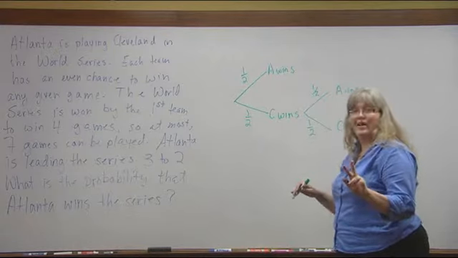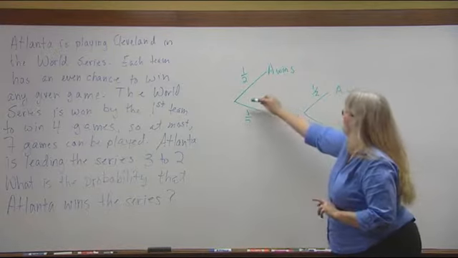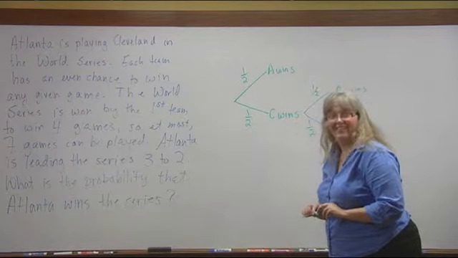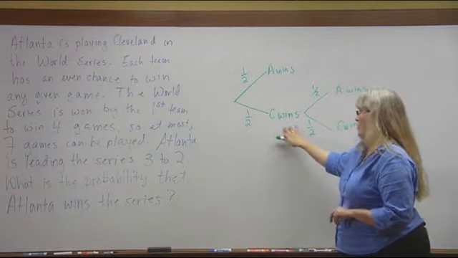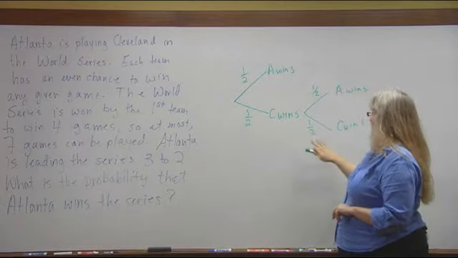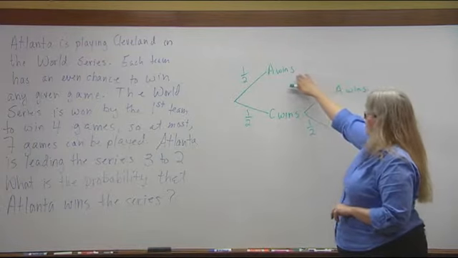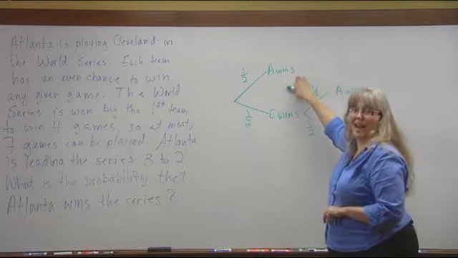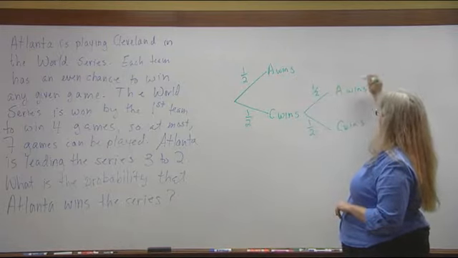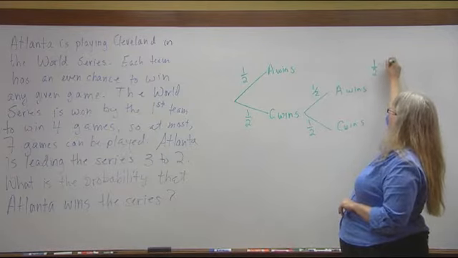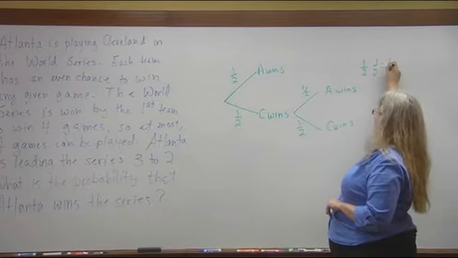Okay, so there's 2 ways they could win. They could win this way by winning the first game, or they could win this way where Cleveland wins the next game and then Atlanta wins. Okay, so the probability here is 1/2. The probability of this scenario is 1/2 times 1/2, which is 1/4.